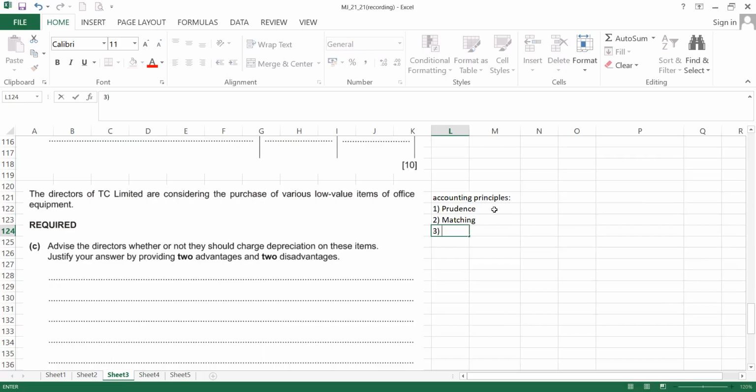Number 3, consistency in this chapter. So what is the item that we can use? Since this one talks about the advantages, we try to use the accounting principles to apply to our advantages. So number 1, okay, advantages.